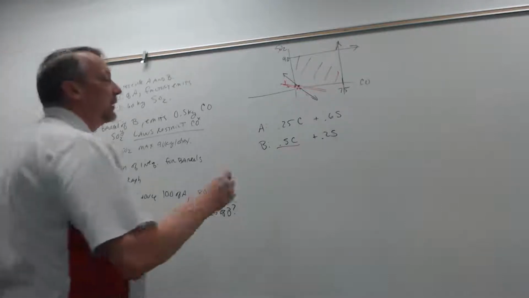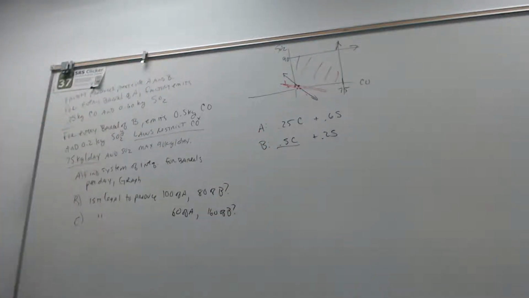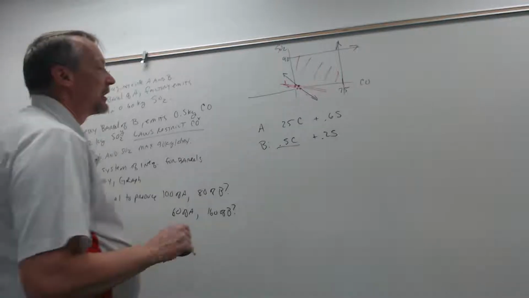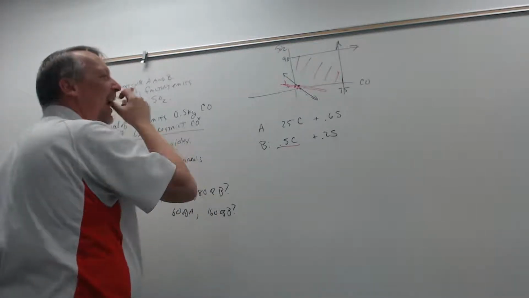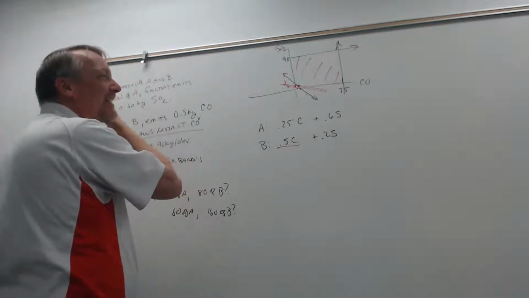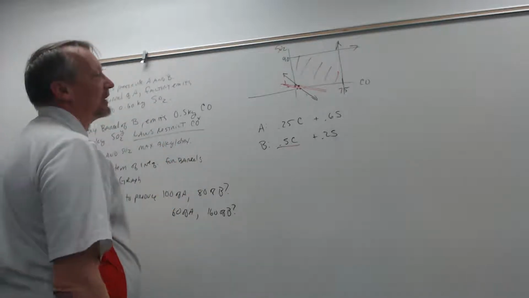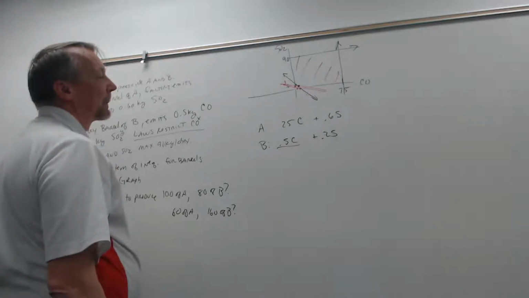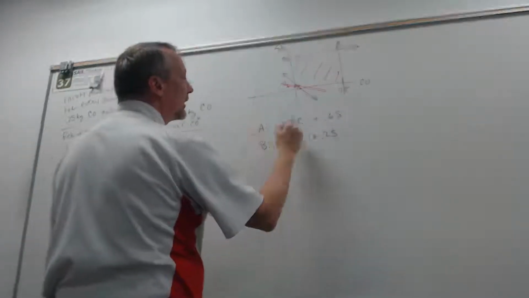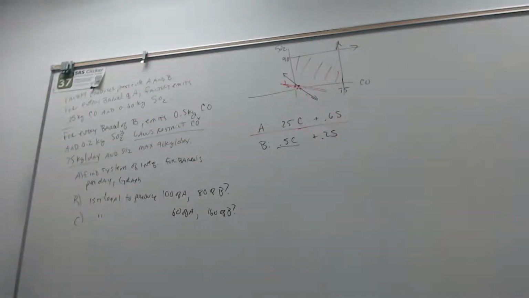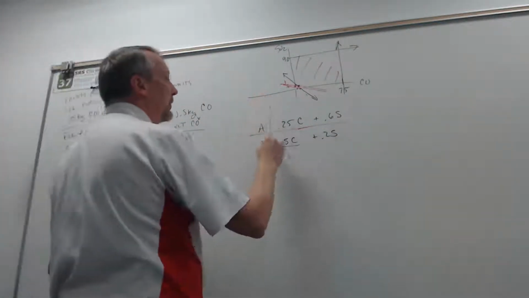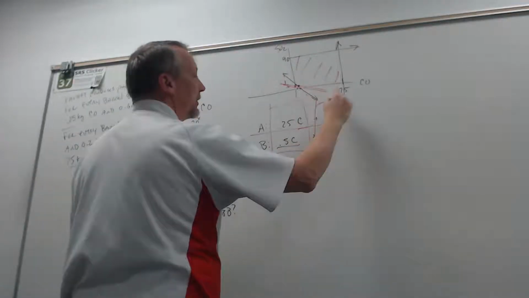Okay, let me think here. Are A and B variables within themselves? Yeah. So pesticide A consists of carbon monoxide and that, right? We really need to see how much carbon dioxide and how much sulfur dioxide.